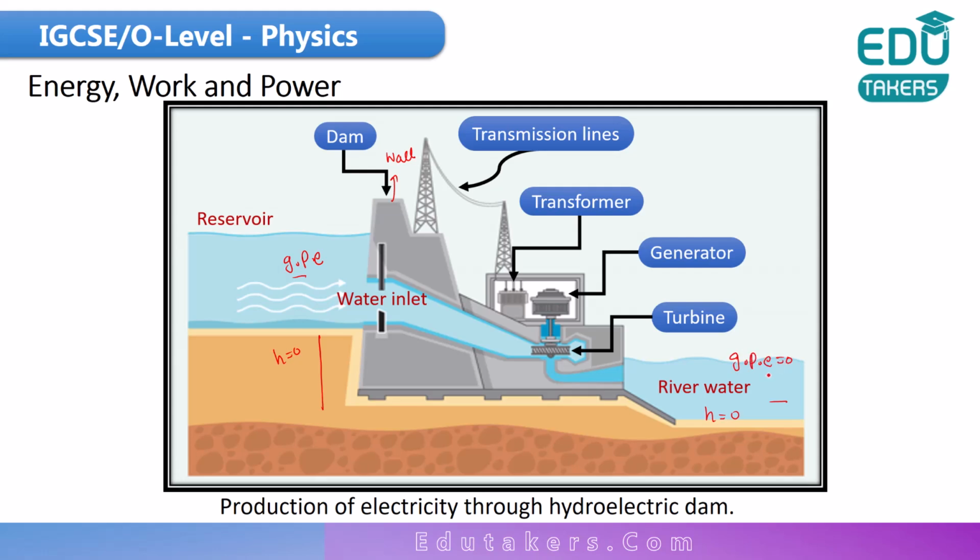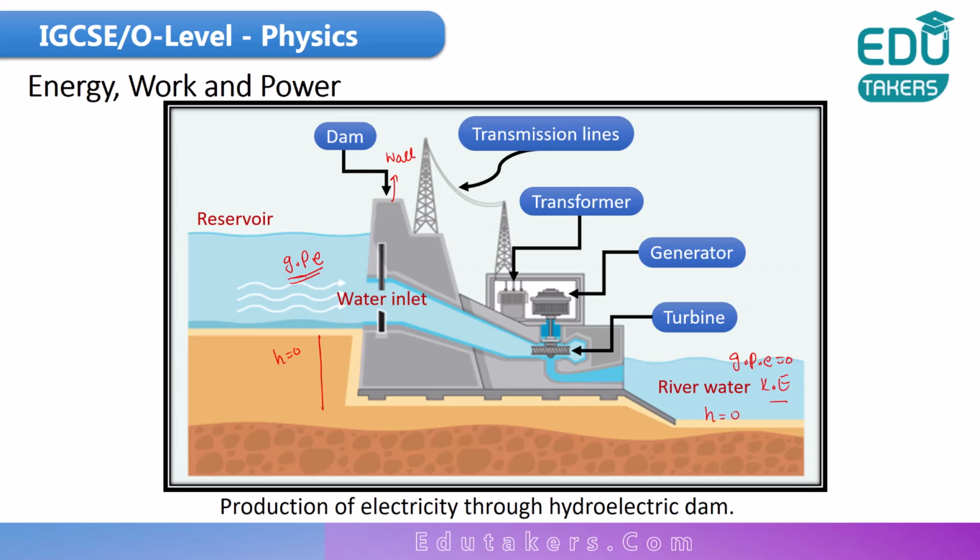All of the gravitational potential energy that the water had at the upstream is converted into the kinetic energy here. So I can simply say that the gravitational potential energy becomes the kinetic energy if the water is allowed to rush downstream.